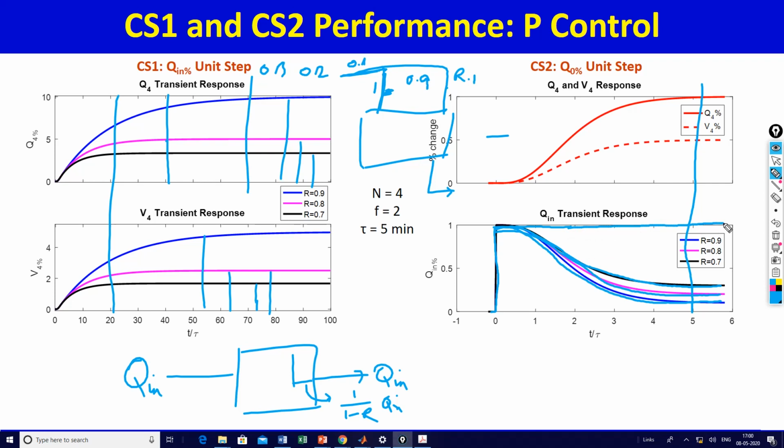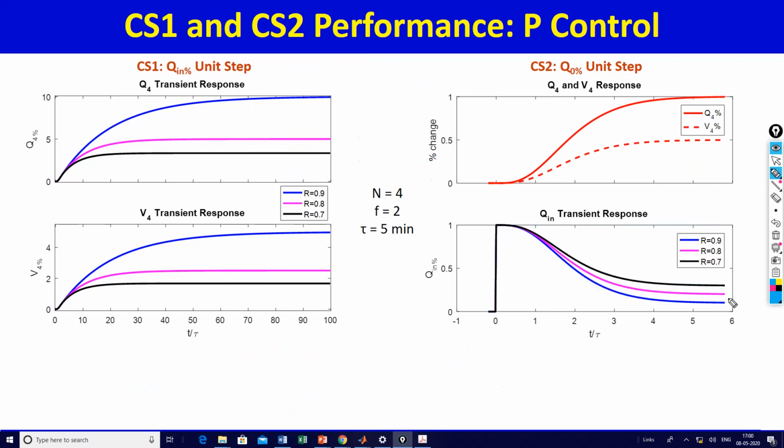The point here again is that in order to keep this flow fixed, recycle changes because of dynamics. This is recycle and this is fresh. In order to keep this fixed, this varies, and this is the variation in the fresh feed. But the variation is smooth, no bumps. You go from where you start to where you end.